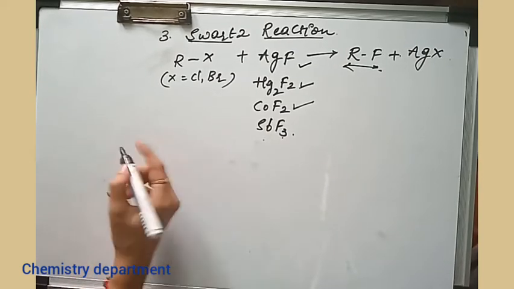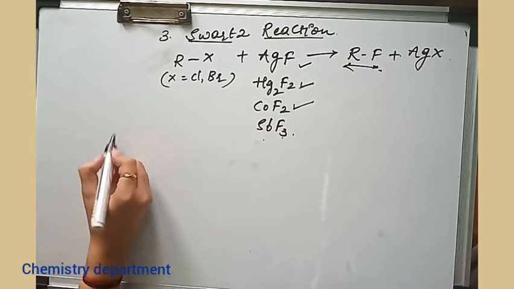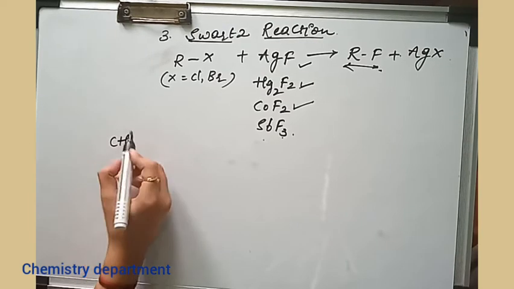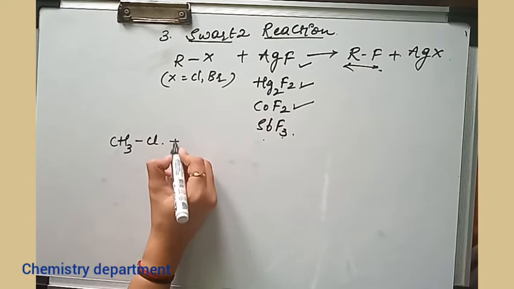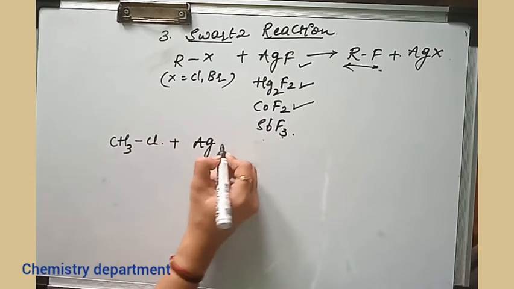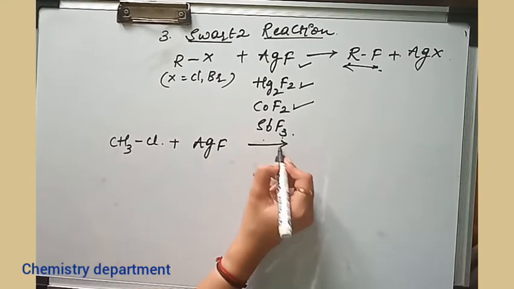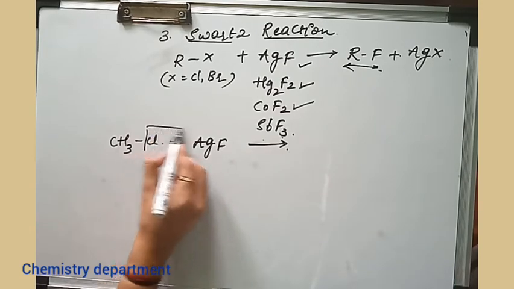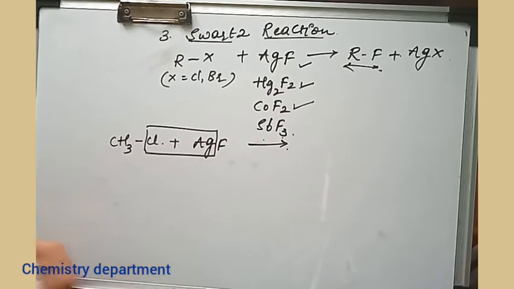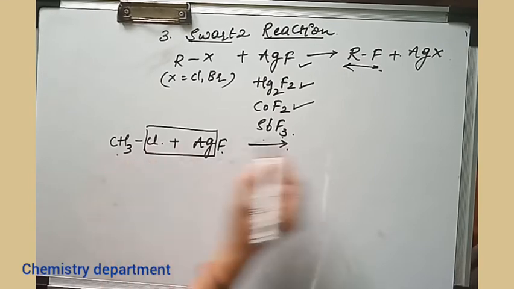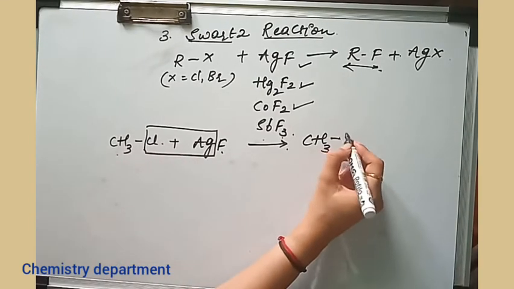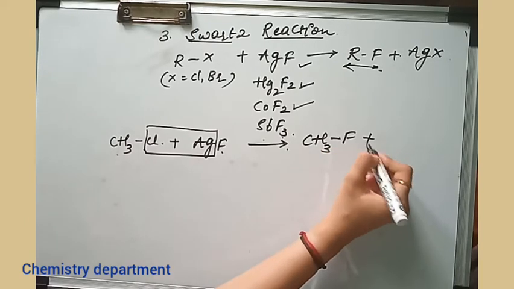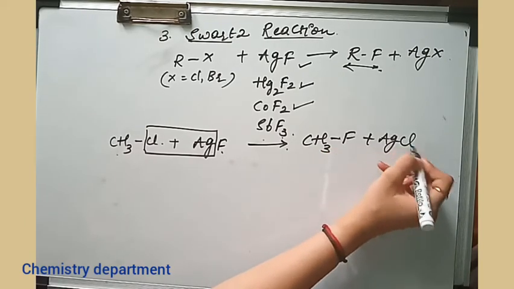We can learn this reaction with a suitable example. For example, CH3Cl, that is chloromethane, when I am reacting with silver fluoride, the exchange of halogen takes place, and this fluoride will combine with the CH3. So CH3F plus AgCl will be formed.